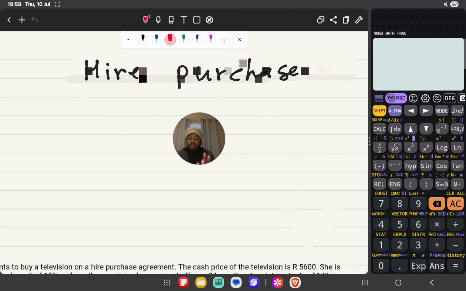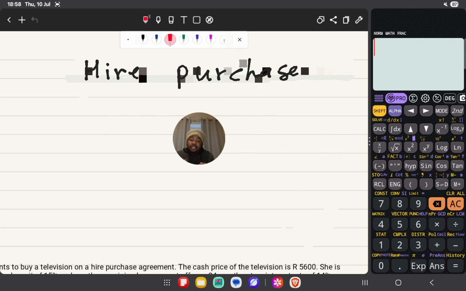So now you and the shop selling that phone can get into an agreement to say, okay, look, you don't have the money now, that's fine, I can sell this to you on hire purchase. What does that mean? It depends on whether I request a deposit or not.